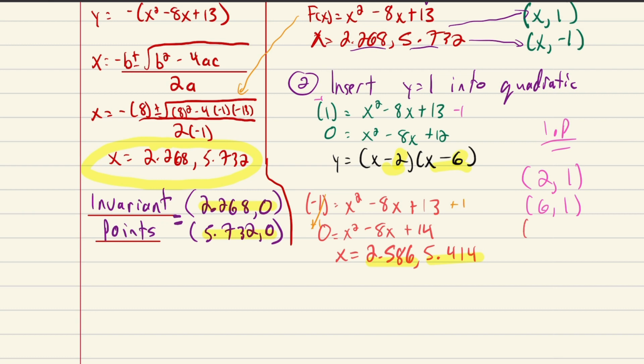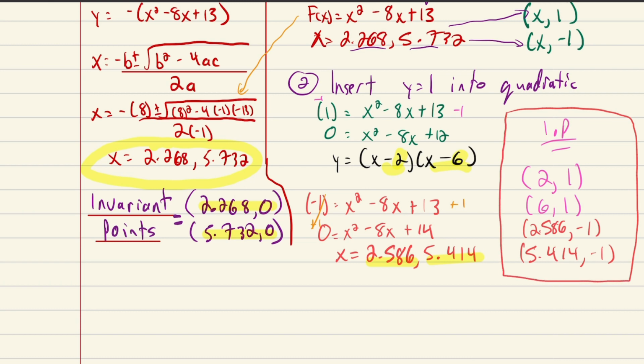And so we're going to say that there's another set of invariant points at (2.586, −1) and (5.414, −1). Altogether, as we mentioned, that gives us a total of 4 invariant points.